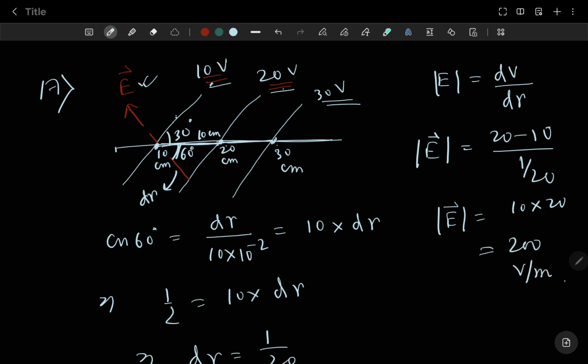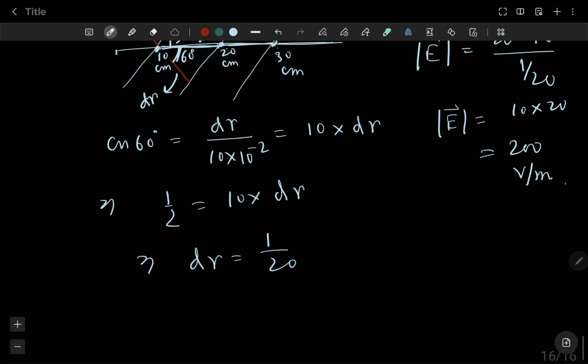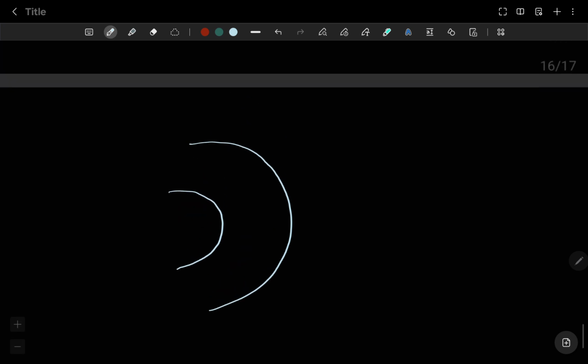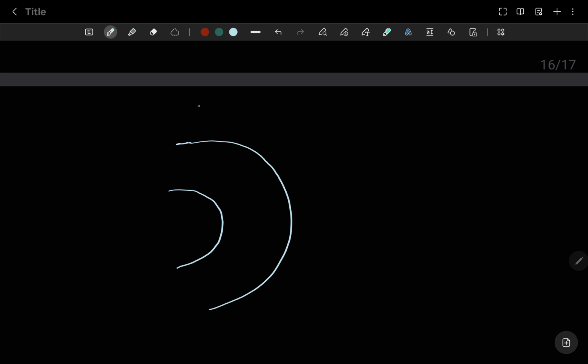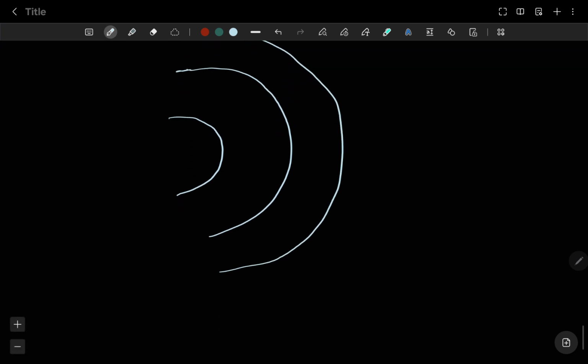Now see the second problem. Here these are spherical, or circular if you consider two dimensions, equipotential surfaces.